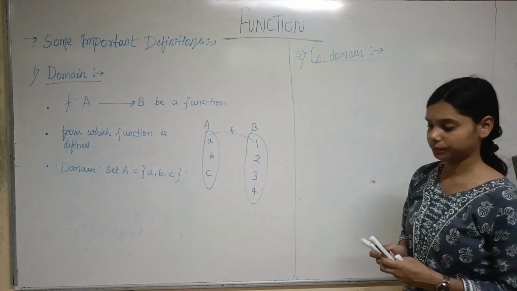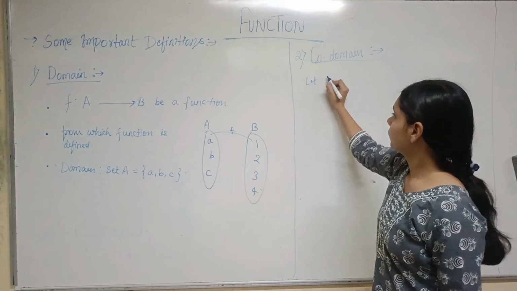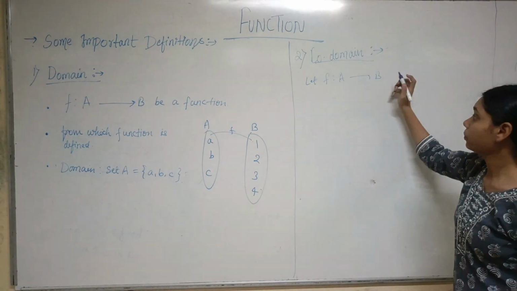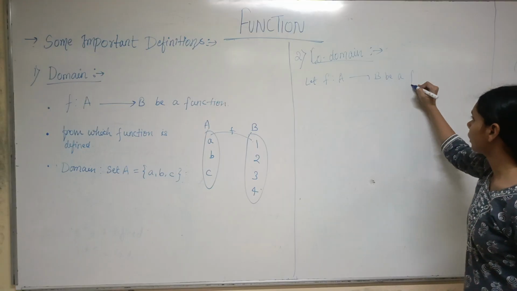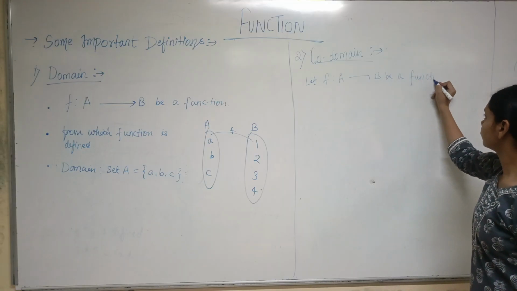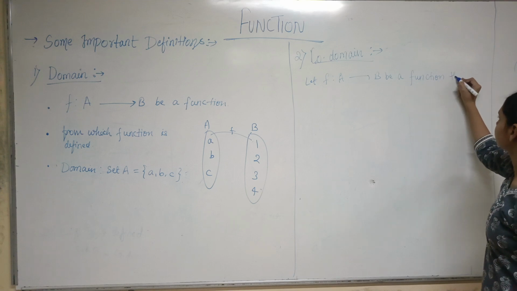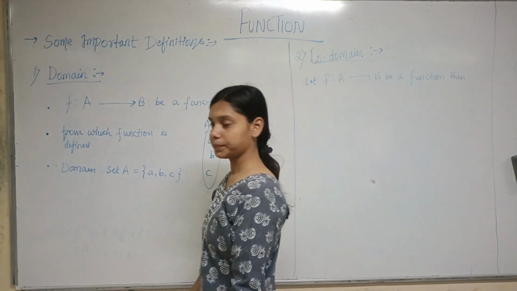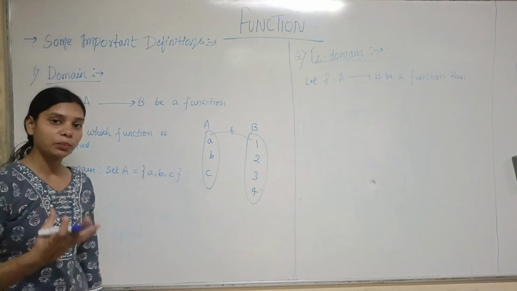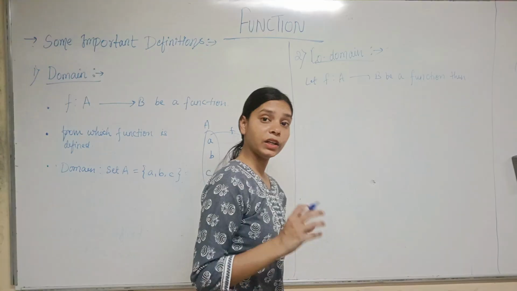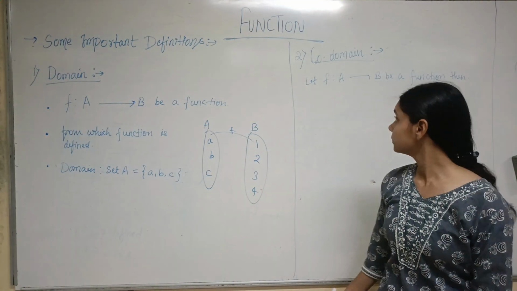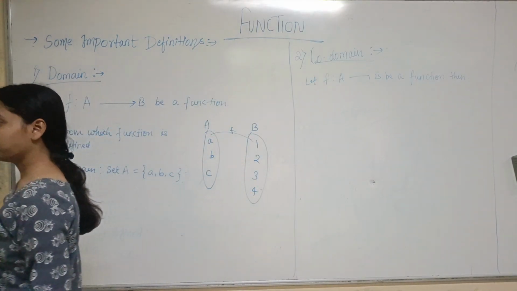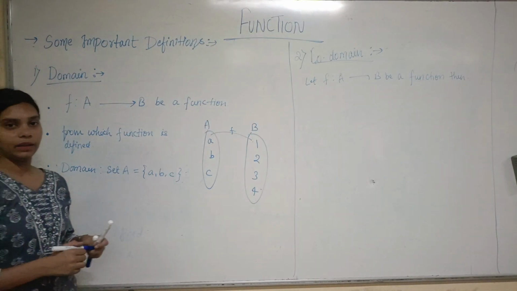Write down: let f from A to B be a function, then set B is called the codomain.